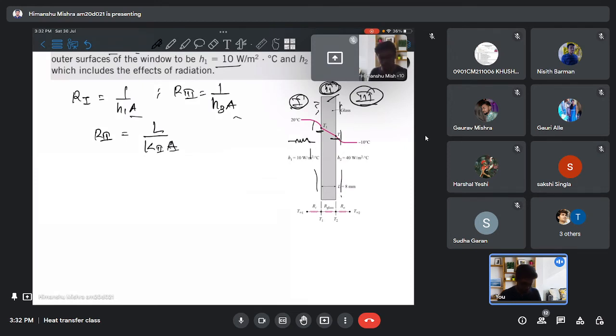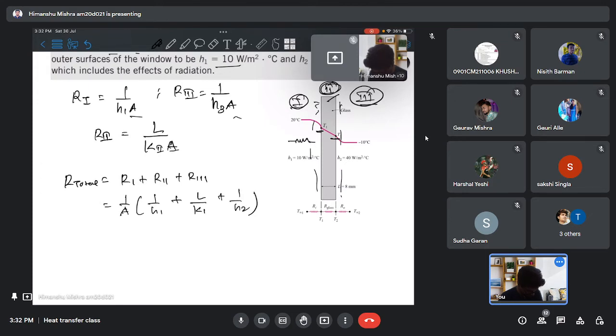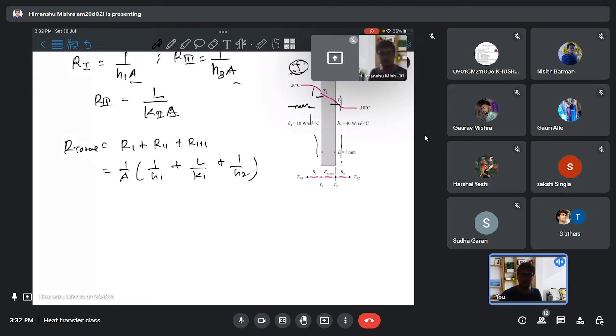So my total resistance would be just the addition of all the resistances. This will be my total resistance.